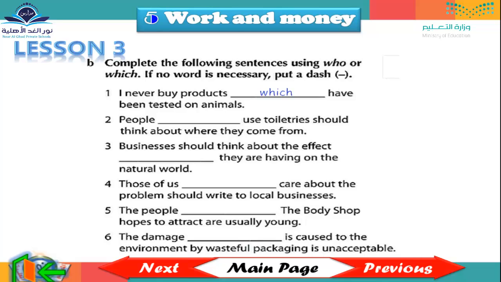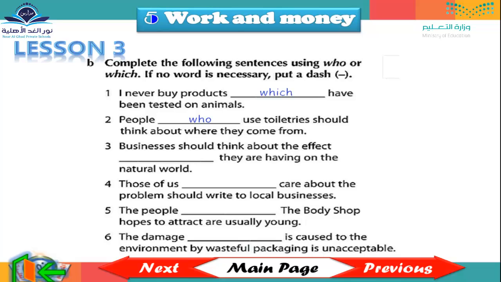2. People, space, use toiletries should think about where they come from. Here, the word people, we use who. 3. Business, space, should think about the effect they are having on the natural world.